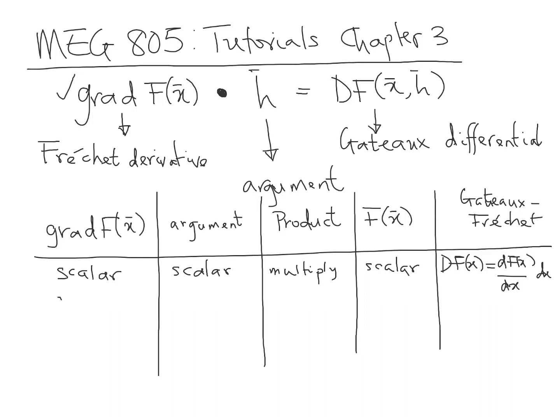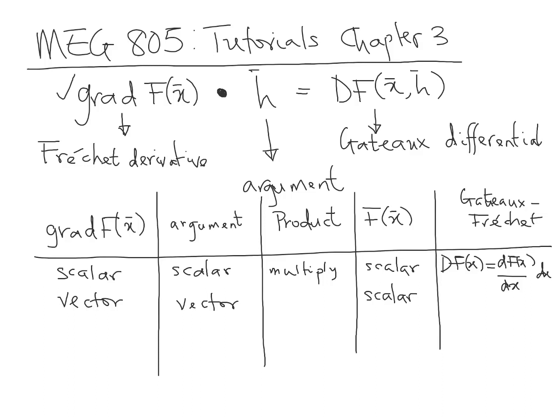Now, if what we have here is a vector, and the argument is a vector, and the function is a scalar, what kind of product would we have based on the relationship above? The derivative is a vector.